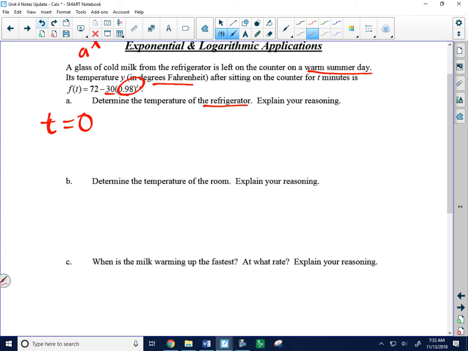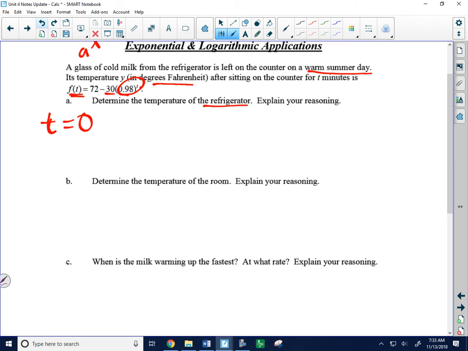All you have is a function based on time, so we need to think about time. Well, the temperature of the refrigerator is pretty much right when you pull it out of the fridge and set it on the counter. So that would be a time of 0. It should still have the temperature of the refrigerator.